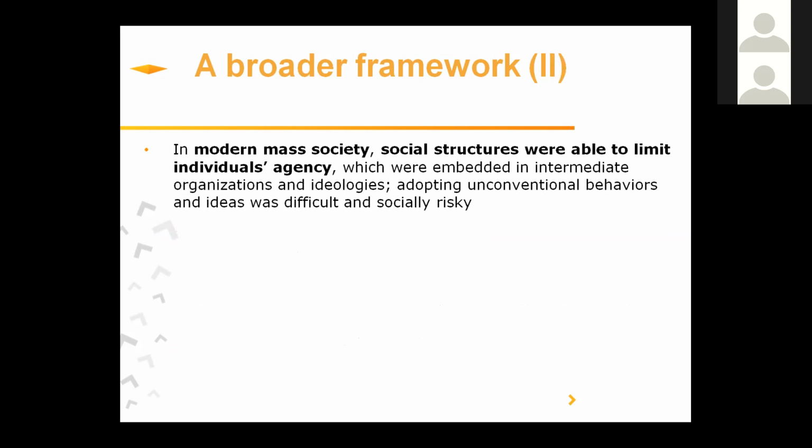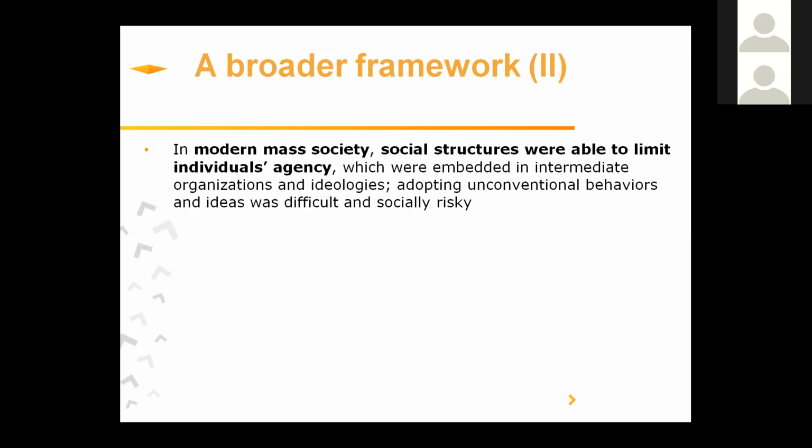On the one side, in modern mass society, that is the society that developed up to the 60s or the 70s of the last century, social structures were particularly strong and able to significantly limit the individual's agency, which was embedded in intermediate organizations and ideologies.